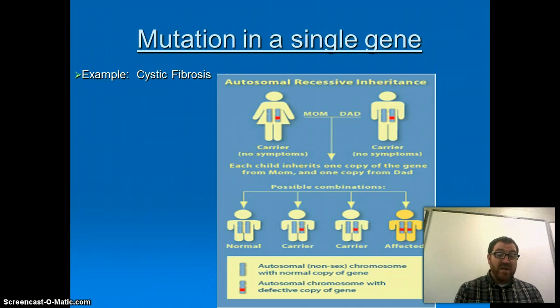If they get both recessive alleles, there isn't an opportunity for a dominant allele to mask it, which would be the case with a carrier for this autosomal condition. So this is one mutation in a single gene that is linked to that recessive, and how you pass it on, I should say.